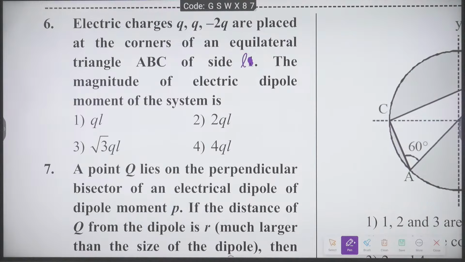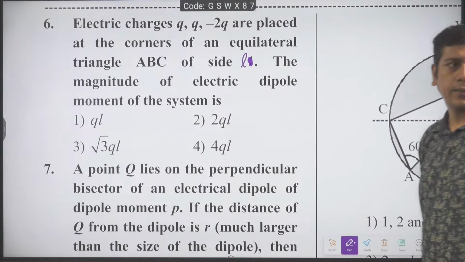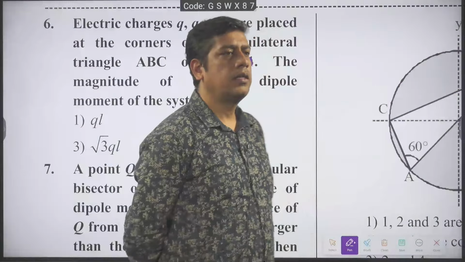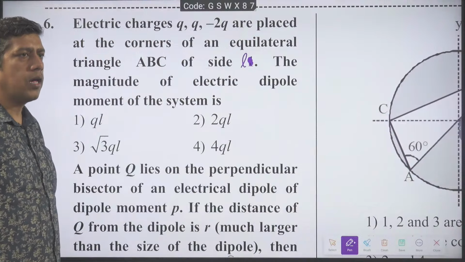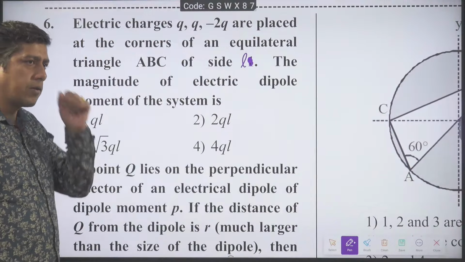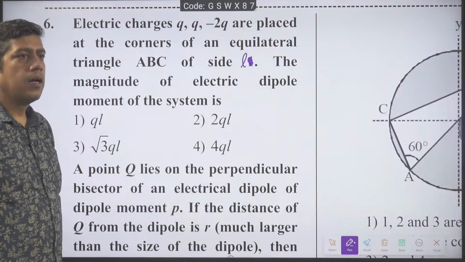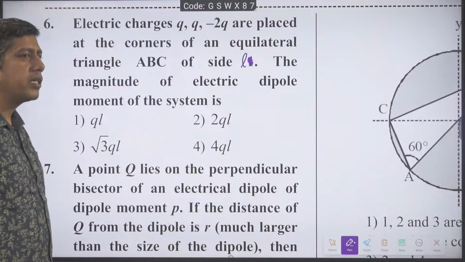Electric charges Q, Q, minus 2Q are placed at the corners of an equilateral triangle ABC of side length L. The magnitude of the electric dipole moment of the system is... One thing they have not mentioned here: they should have mentioned where this minus 2Q is placed.